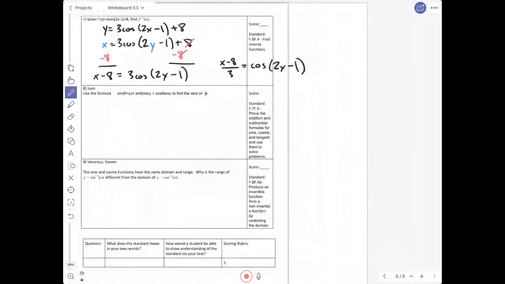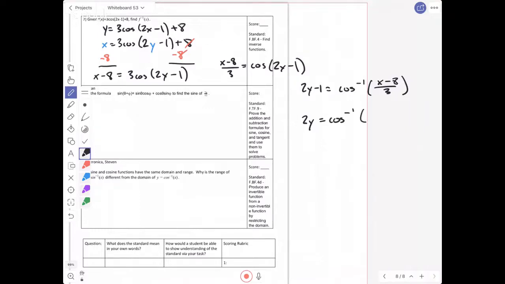Let's inverse cosine. So that 2y minus 1 equals the inverse cosine of x minus 8 over 3. Let's add 1. So that 2y equals the inverse cosine of x minus 8 over 3 plus 1.